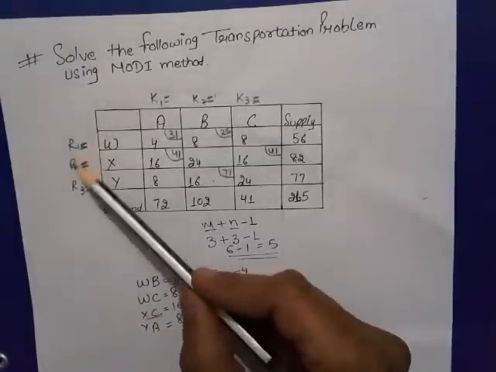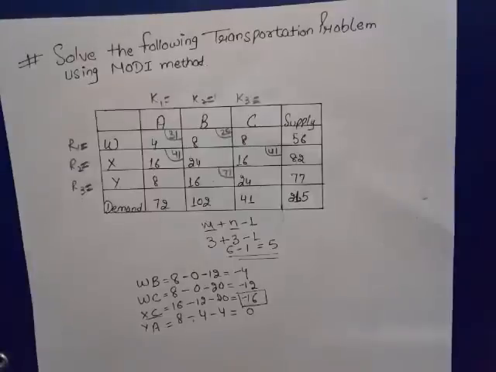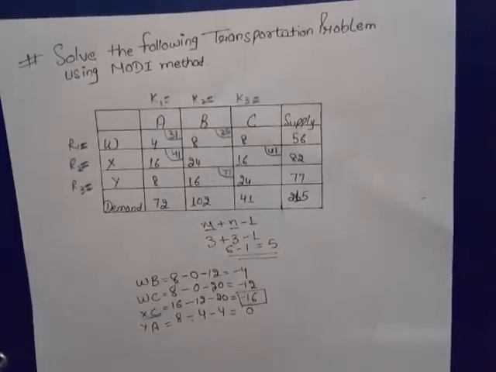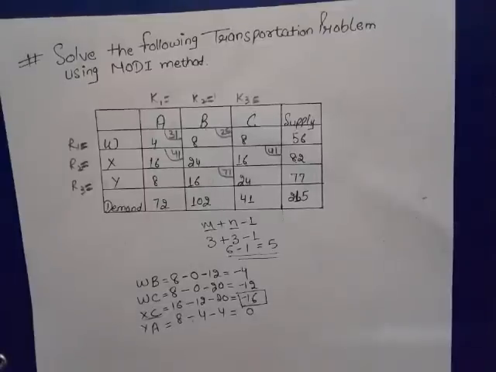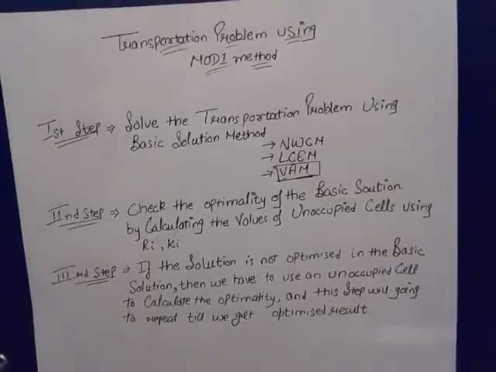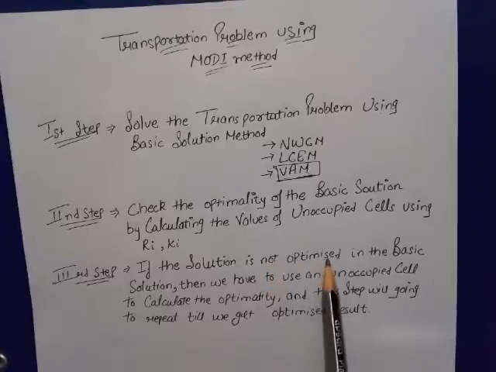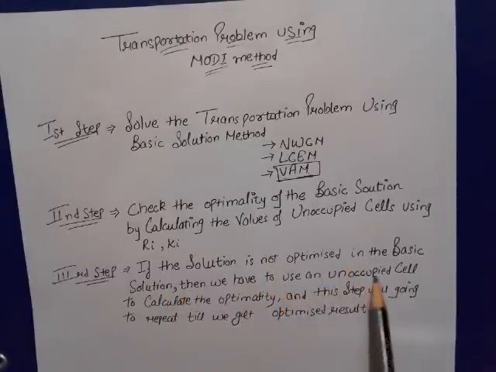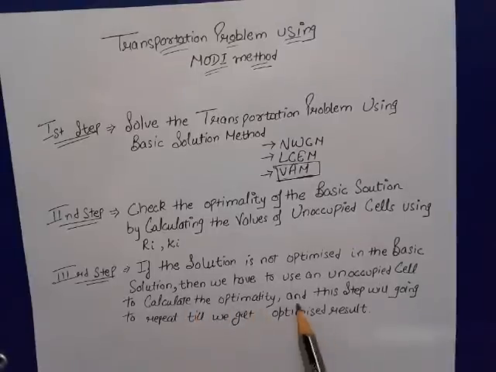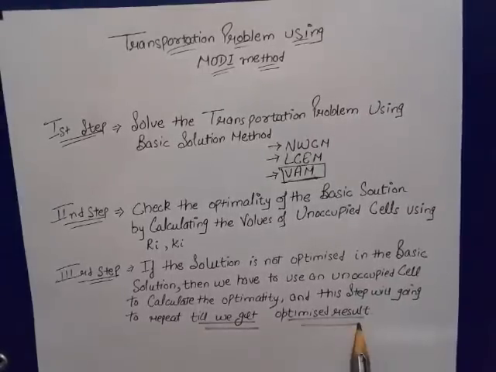Again we have to calculate R1, R2, R3, K1, K2, K3. Recall the third step, in which we learned that if the solution is not optimized in the basic solution, then we have to use an unoccupied cell to calculate the optimality, and this step will repeat till we get an optimized result.